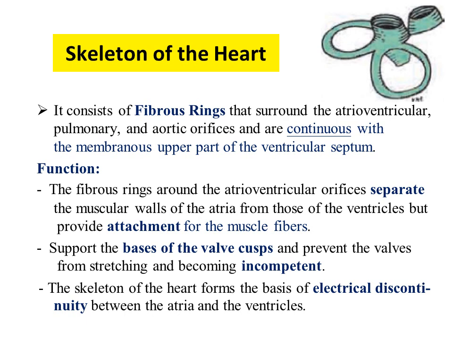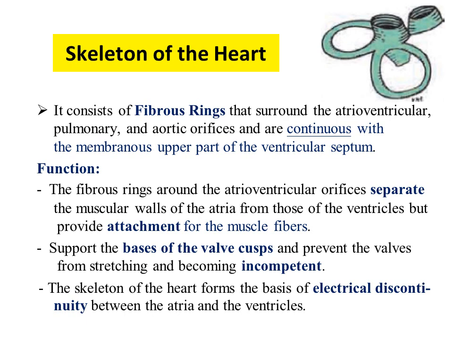The function of this fibrous ring around the structures, and this is very important, is to separate the muscular walls of the atria from those of the ventricles, separating two functional units as we said at the start of this presentation.